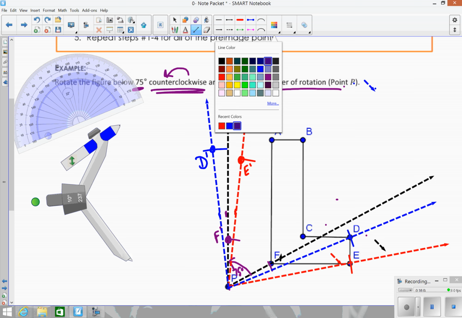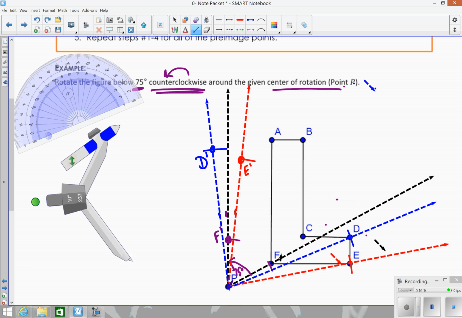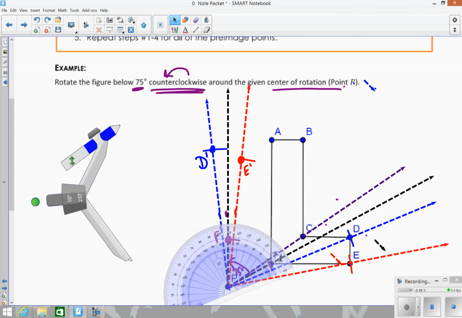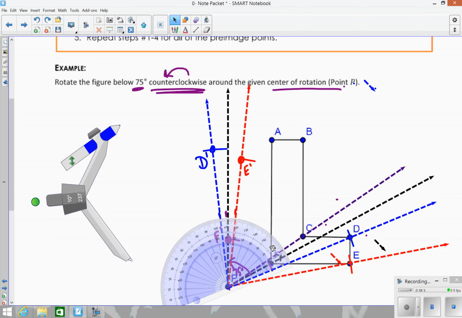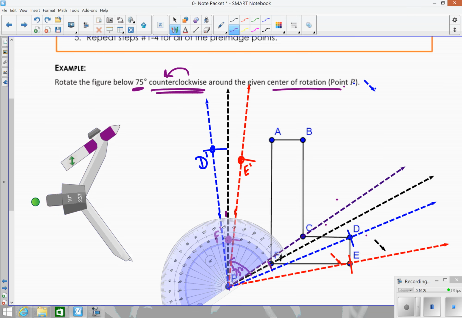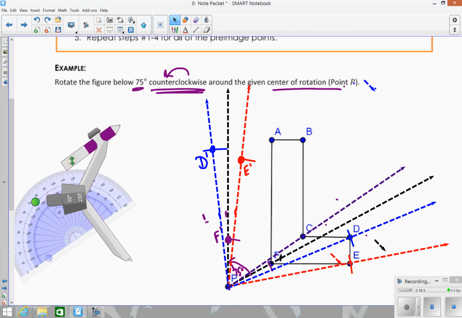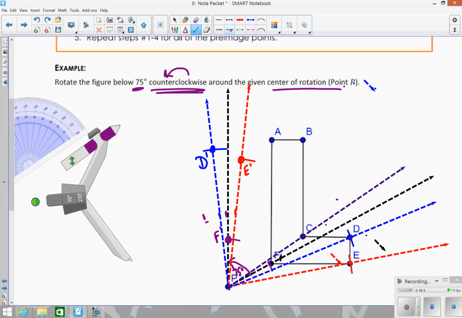So I'm going to start with my ray going from point P through C, measuring with my protractor. 75 degrees. Moving that out of the way, drawing my ray through.